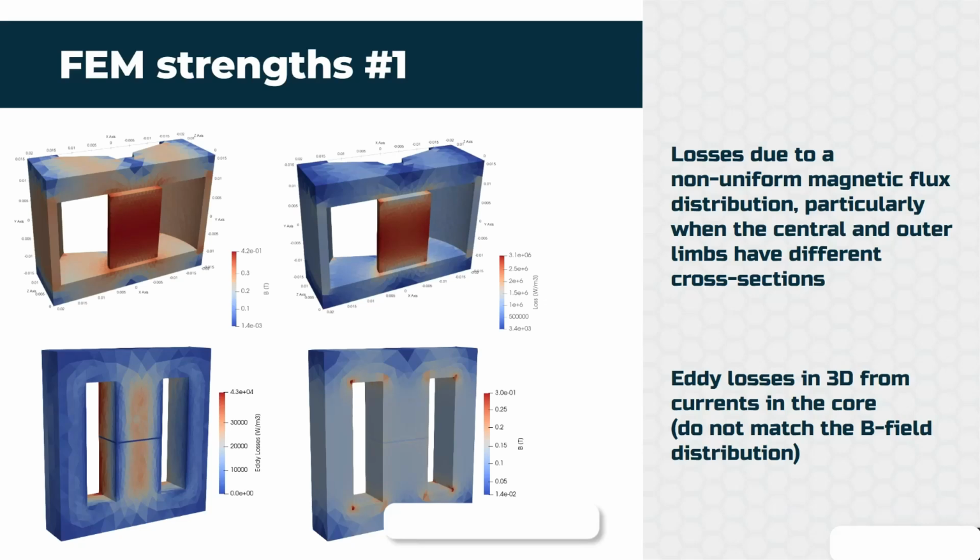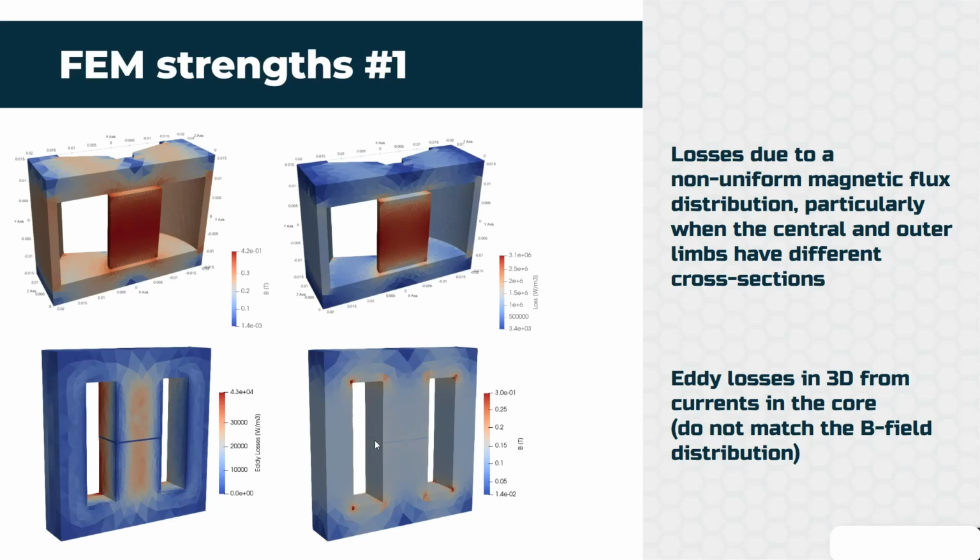Another case where we find it very useful is this: we very often use the Steinmetz equation to calculate eddy losses in the core, and also hysteresis losses, obviously. But in some cases, the eddy loss distribution in the core, in the ferrite for example, does not match the magnetic field distribution in the core.